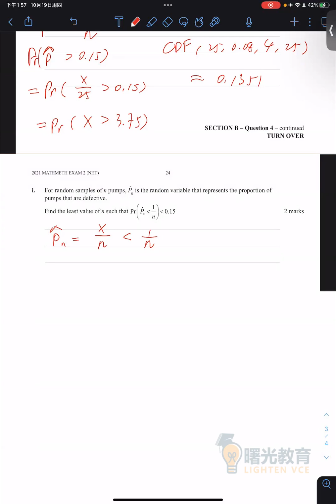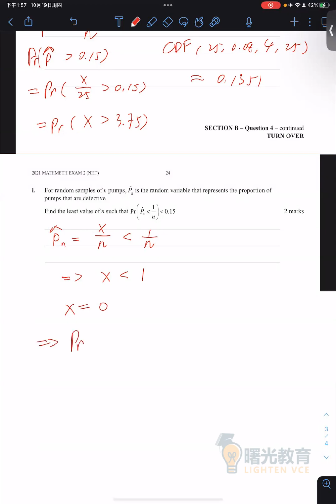N must be a natural number because n represents a sample number, and the sample number cannot be 0, at least 1. So you can multiply n on both sides and it turns to x less than 1. Now, among these samples, the defective number is less than 1. So x has to be 0, okay?